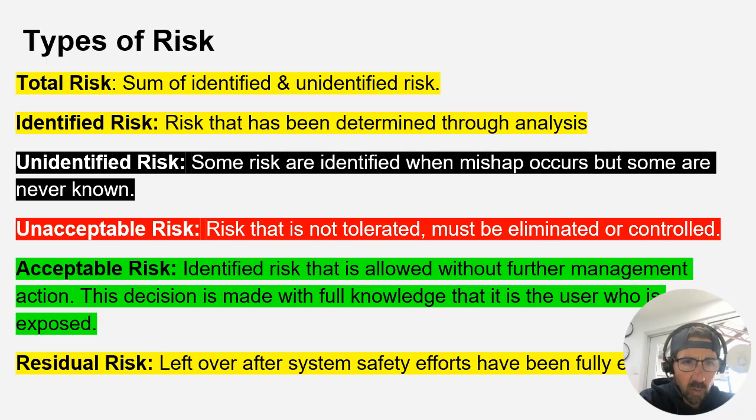And then you have the residual risks. Those are left over after system safety efforts have been fully employed. These are things that we've already taken all the appropriate measures to mitigate. However, there's still a certain level of risk. Like I said, we have that mountain canyon and we are going to fly through it.